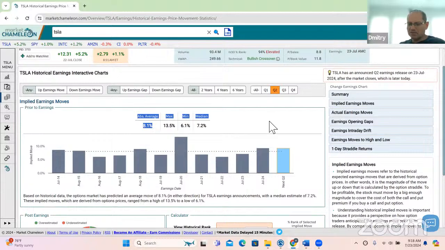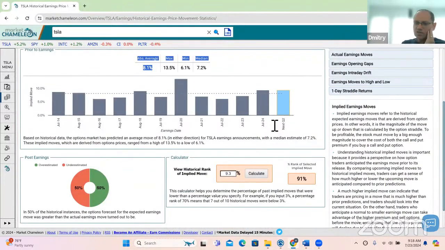Now I'm going to come down here, and we could also just put in place, if it's 9.3% right now, if the stock doesn't move that much, let's just say that the straddle stayed exactly at 9.3%.